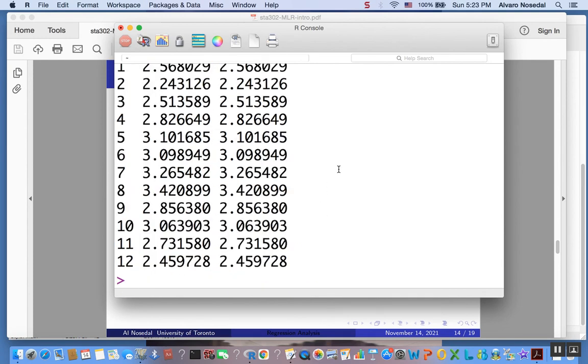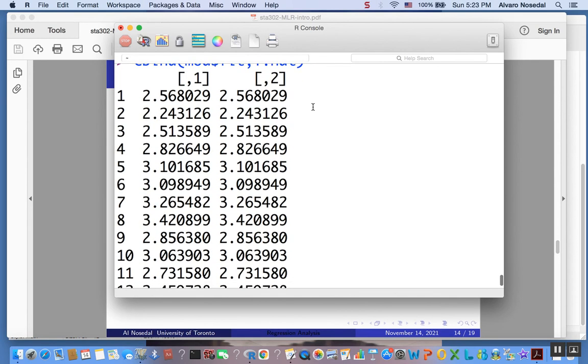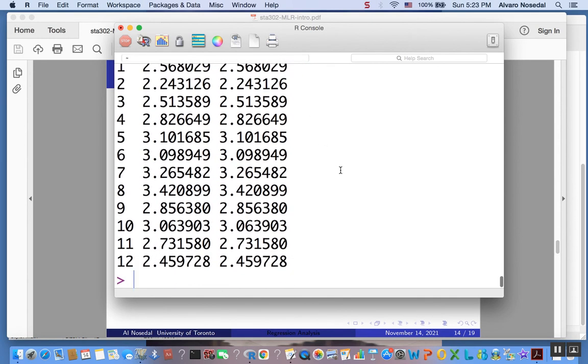See? We created that y hat using just a plain matrix multiplication, the matrix H times y. That was it.